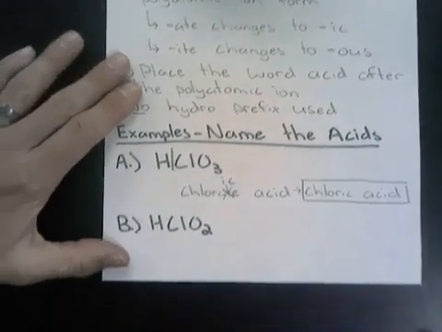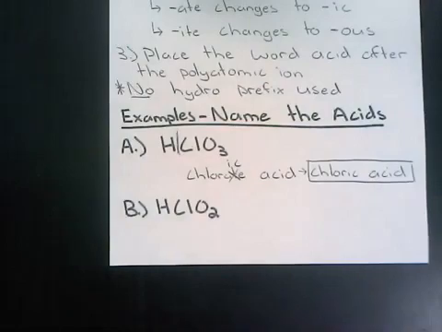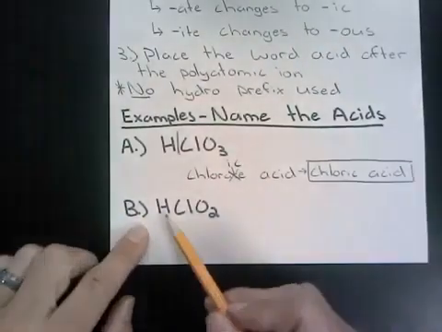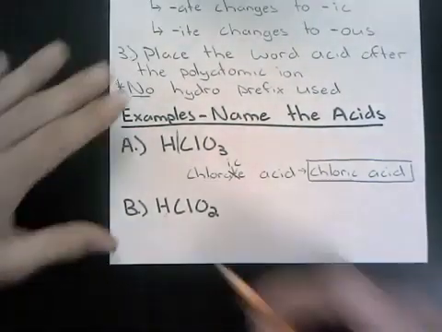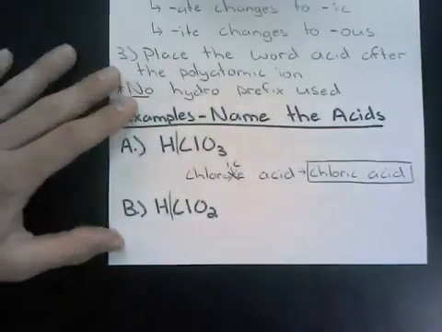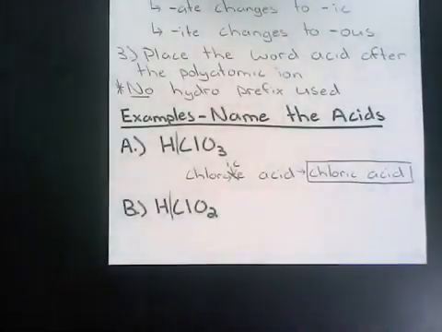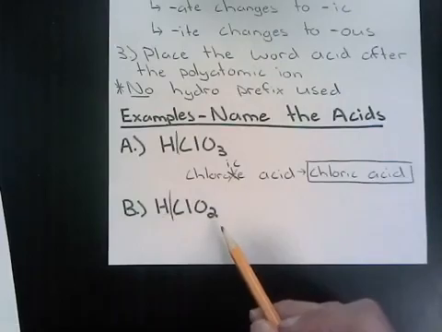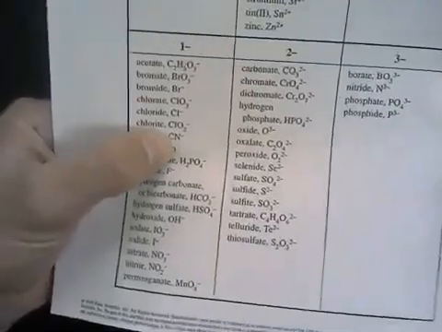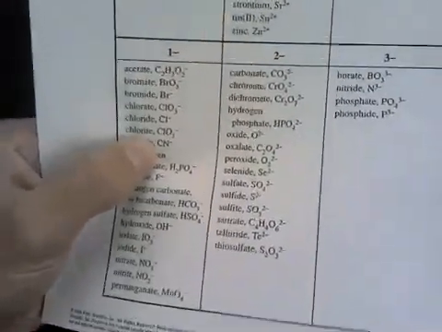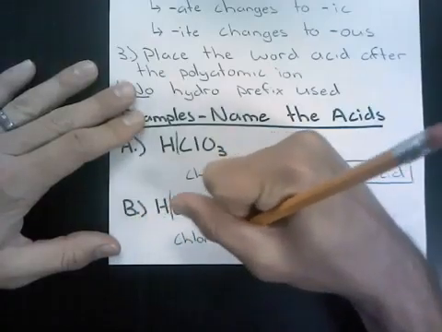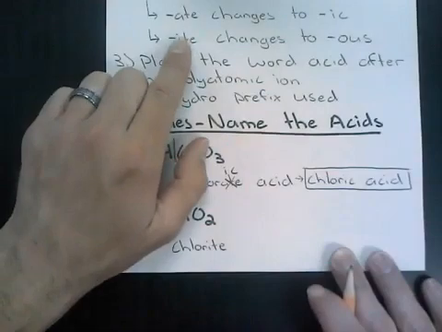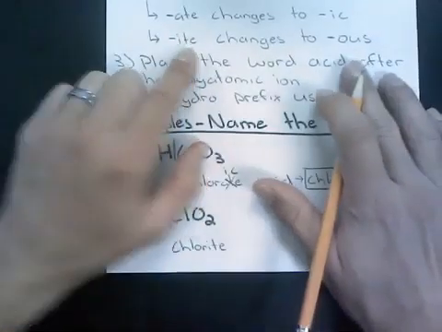So let's go ahead and try it for HClO2. Again, how do I know it's an acid? Ding, ding, ding. That H indicates I have an acid. Now again, I like to divide the H from everything else in this particular acid. And then I have ClO2. So I look on my sheet. If we're not familiar here, ClO2 is given the name of chlorite. So I write down chlorite, and then I look back here. The ITE ending changes to OUS.